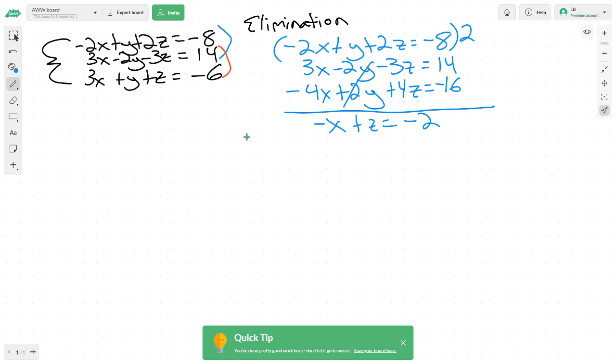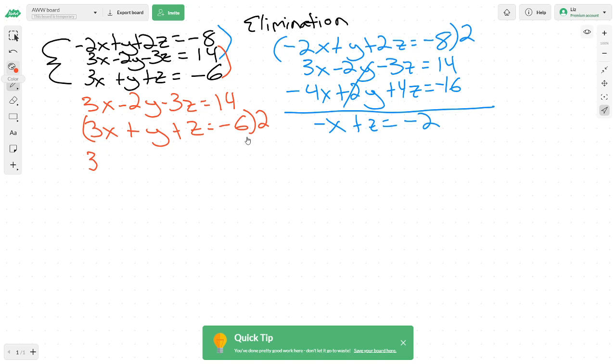Alright, so let's do the same thing with these two equations. So I'm going to multiply this equation by 2. And I'm going to get 6x plus 2y plus 2z equals negative 12.